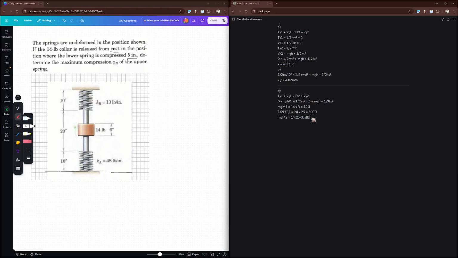So we have this 25 minus 3xb, right? And we have that half ks squared 2, which is just equal to, so here k is 10, so 5xb squared. Just like that, right?